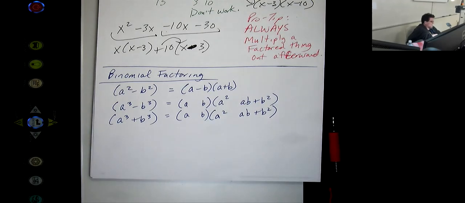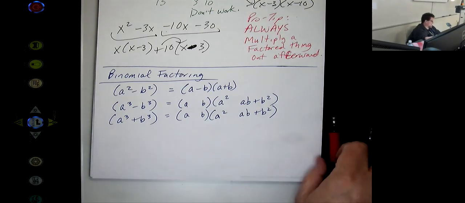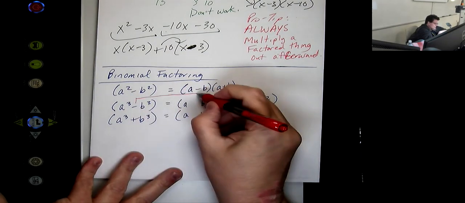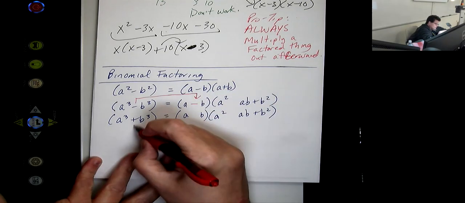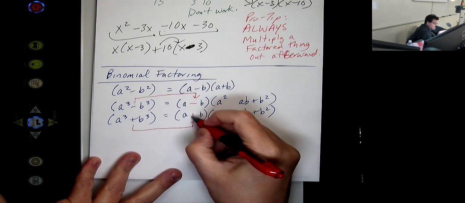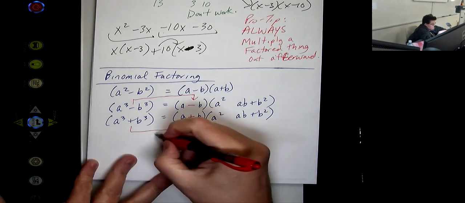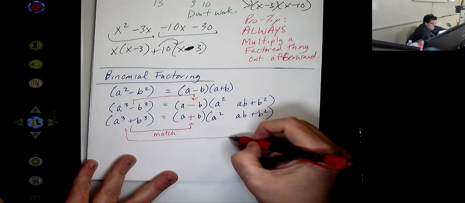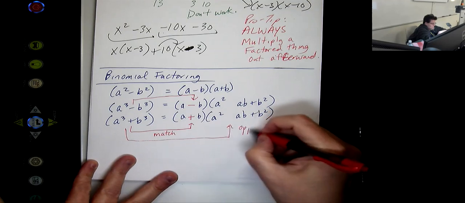They have identical setups other than some few spots where there's signs. This sign for the cubes matches the one in here. That one's a match. And the thing that goes over here is the opposite sign.